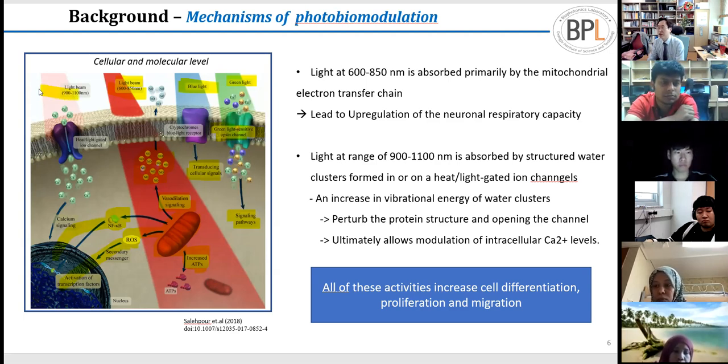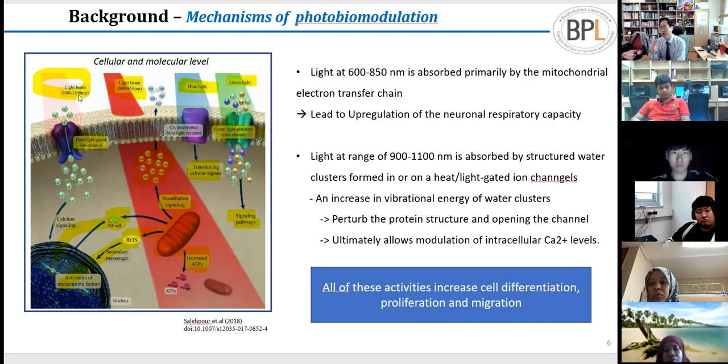Also, when you are using light in the 900 to 1100 nanometer range, it can actually affect heat or light-gated ion channels. This 900 or 1000 nanometer is kind of close to the infrared range, and it can interact with the vibrational mode of the water molecules.